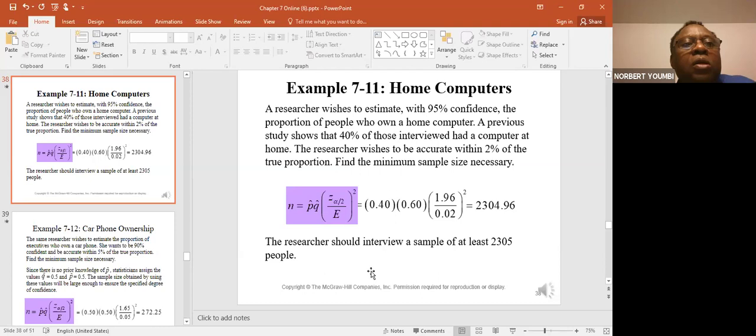A researcher wishes to be accurate within 2%, so the margin of error is 2%, which is 0.02. With a 95% confidence level, z alpha over 2 is 1.96. We fit it into this formula to get that the researcher should interview a sample of at least 2,305 people.